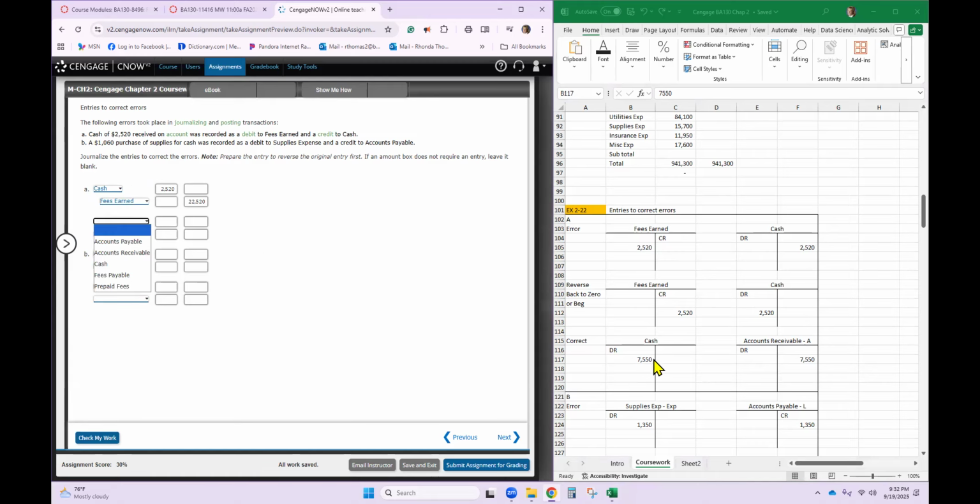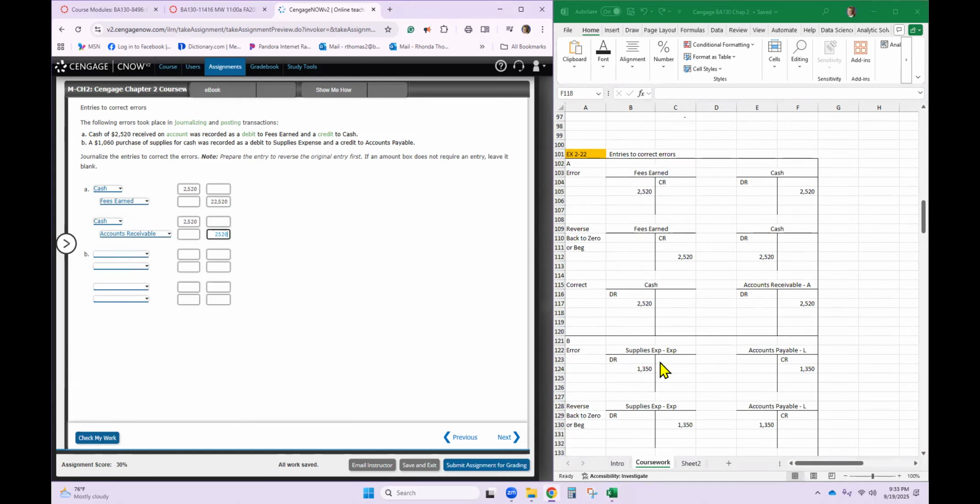Now we want to debit cash because it went up, and we want to make accounts receivable go down because it's customers paying us on account. So then cash goes back up again, and accounts receivable is going down. So this is more like what I prefer.